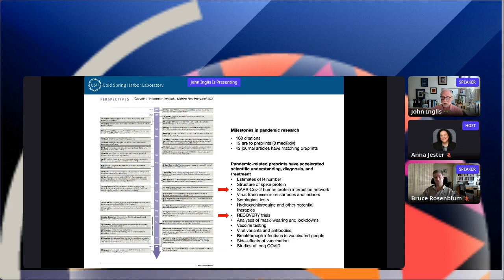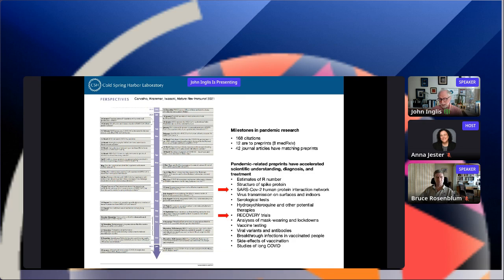So I think that speaks to the fact that there was a great deal of important science that was posted first to the preprint servers, obviously stimulated by the urgent need of the scientists concerned to share what they were finding with colleagues all over the world. And I've listed here just some of the topics that are related to the pandemic on both bioRxiv and medRxiv.